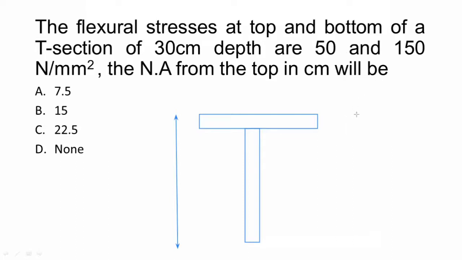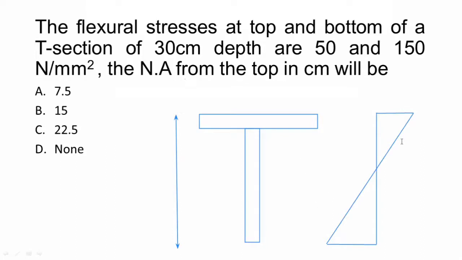So we have been given some stress values. So we will try to draw the bending stress diagram. At top we have the value 50, at bottom we have 150, the larger value. If you join these two ends, you will get something like this as the bending stress distribution diagram.